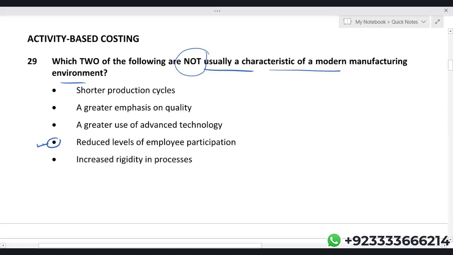To be very honest, any suggestion given by any employee which is beneficial and workable, the organization does consider it. Previously this was not the case, but now it is. For example, I still remember, I'm not going to quote the name of the company, one of my students was working in that company.